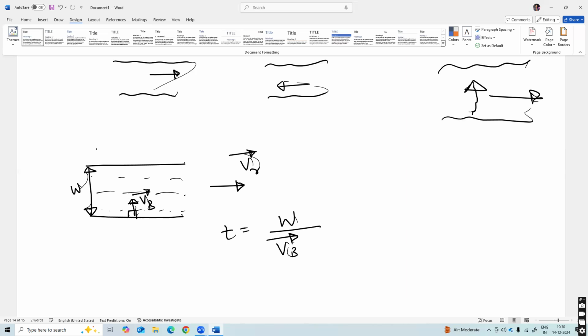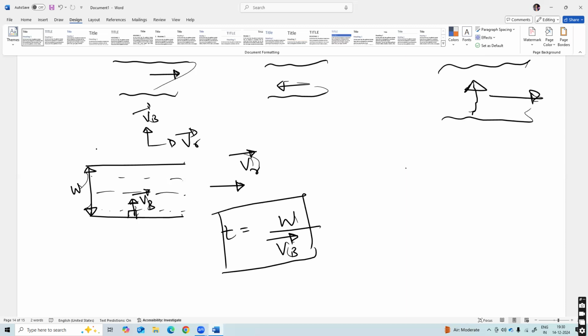In this case, the boat is moving perpendicular to the direction of flow. So of course VB will play a role in crossing the river, and therefore time taken by the boat will be width of the river divided by velocity of the boat.